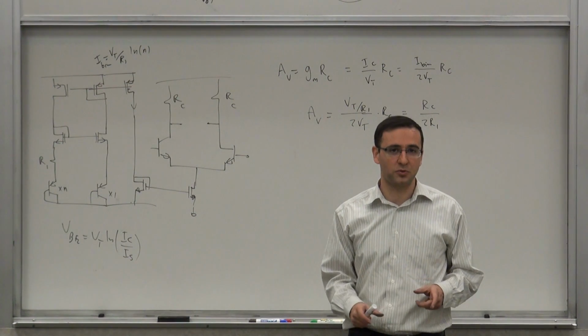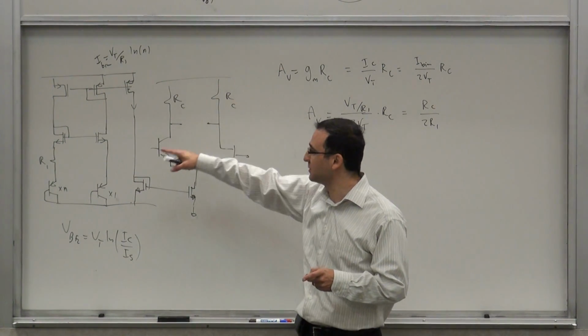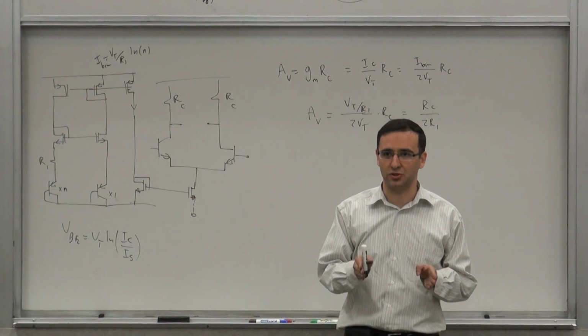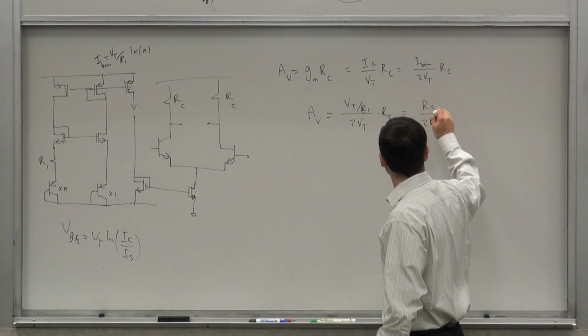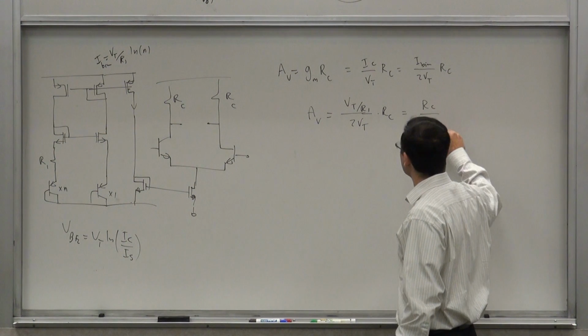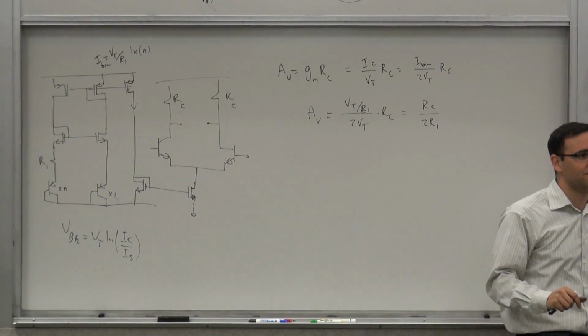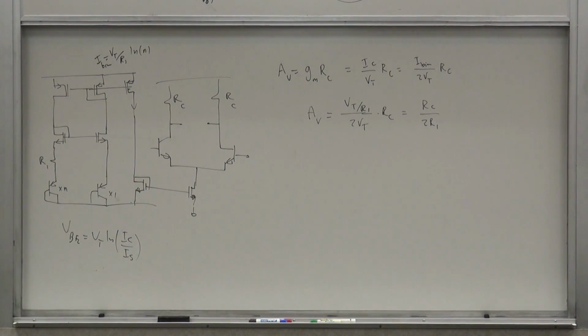Use the same material, and place them as close as possible to each other, so they are at the same temperature. And therefore you have a ratio of these two things. If they have the same temperature coefficient, this becomes independent of temperature, and independent of that temperature coefficient, which is the process dependent thing. So it's really determined by the ratio of two things.